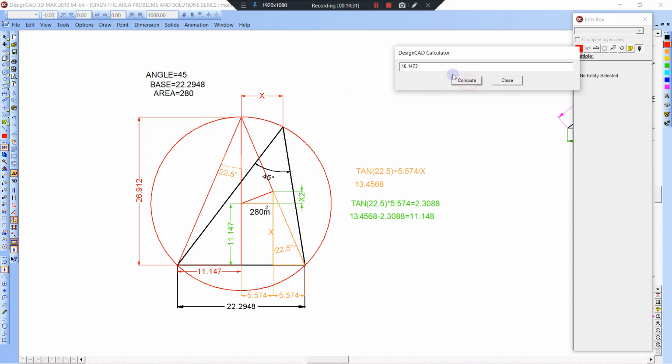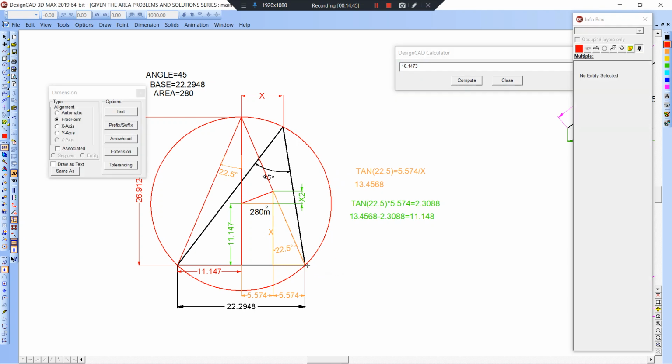That'll give us the height. I don't think that gives us the height at all. 1/2 the base times the height equals 180 times the height. Okay, that should be it. I don't think it is. I did something wrong though.